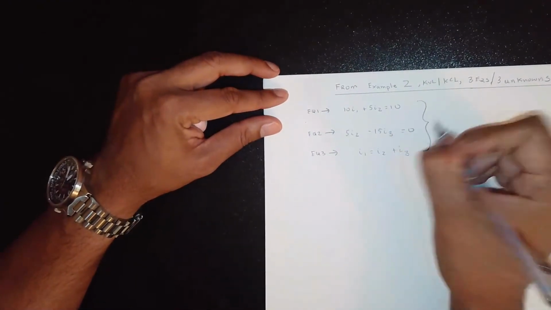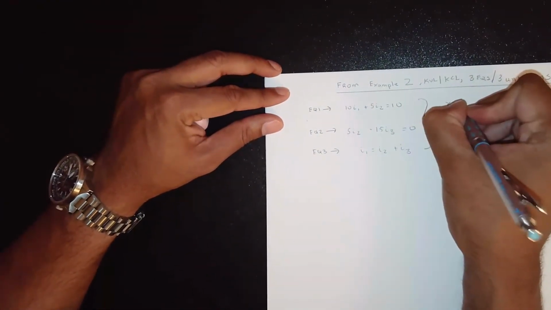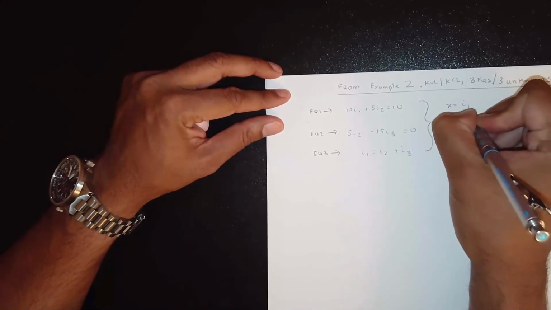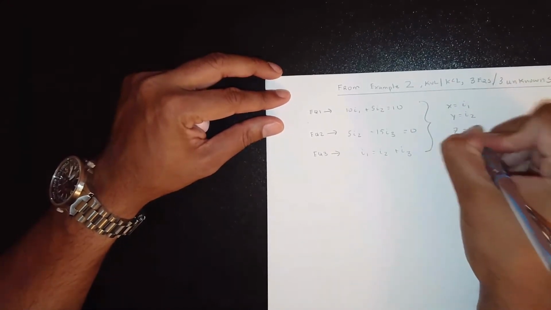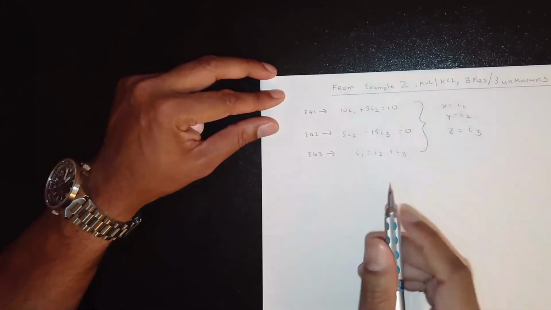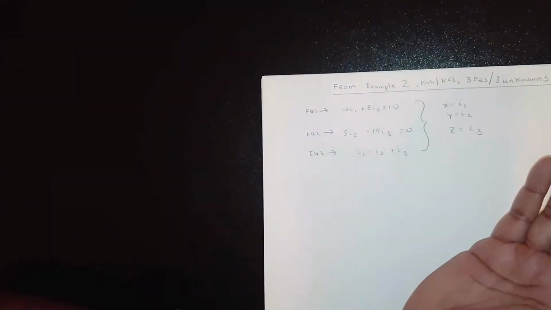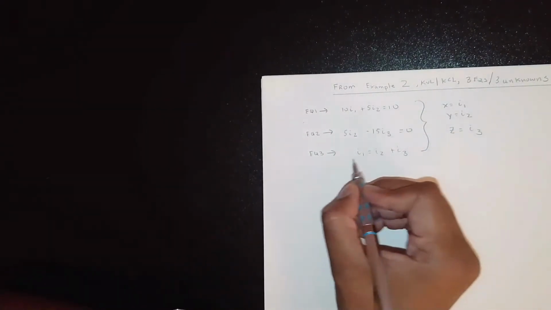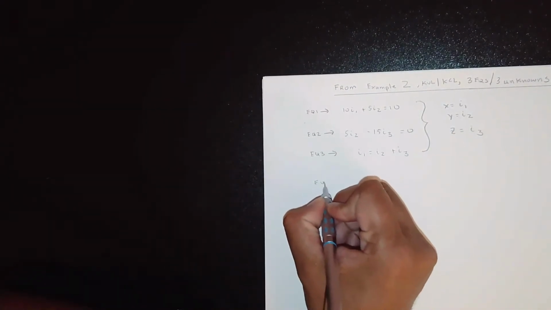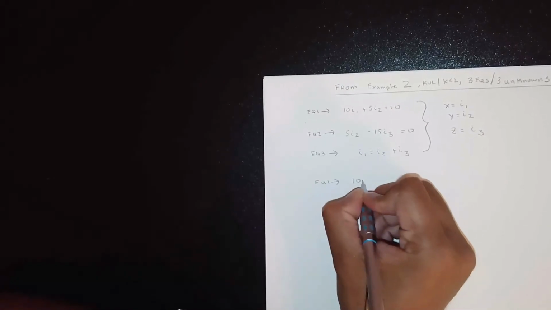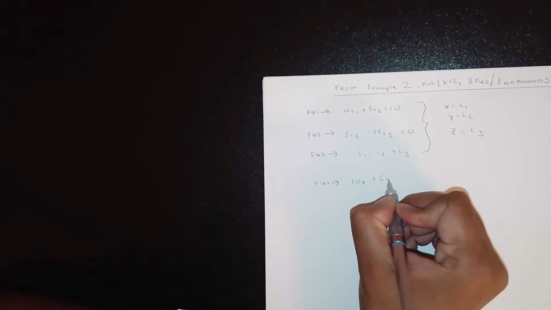So we simply set x is equal to I1, y is equal to I2, z is equal to I3. What happens when you do that? Now these equations convert into something more solvable. So now we can rewrite equation 1 as 10x plus 5y is equal to 10.